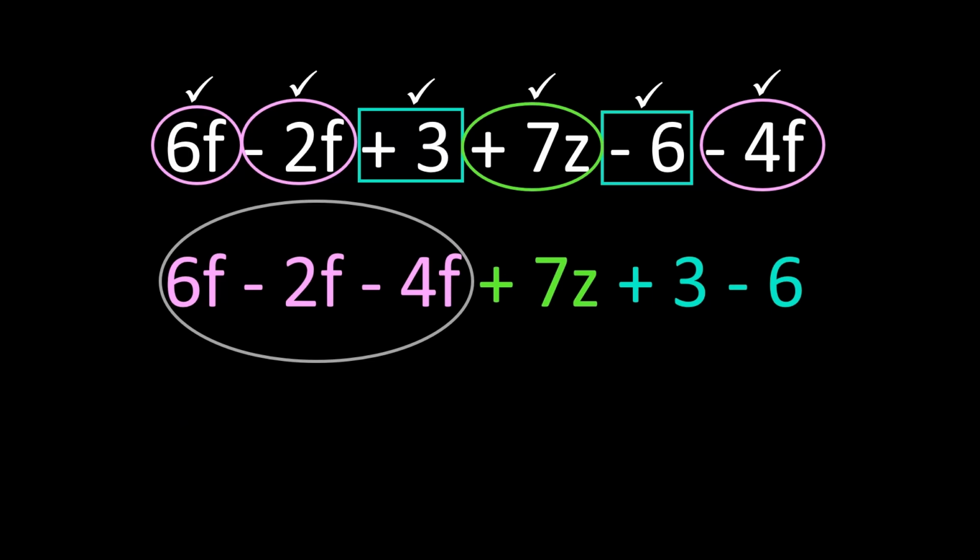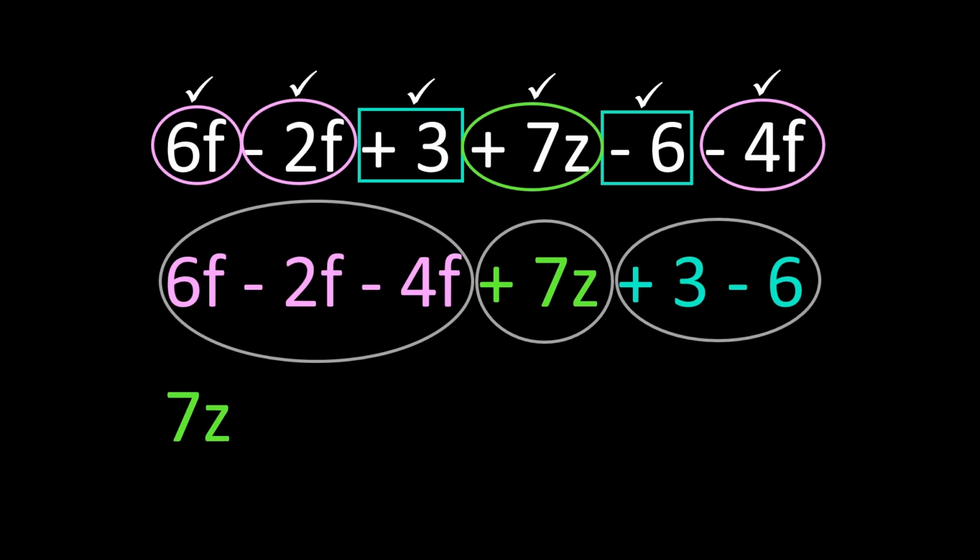I don't have anything with the variable f. So then I have the 7z. There's nothing to combine with it, so it's simply 7z. And then I have 3 minus 6, and 3 minus 6 is negative 3. So this expression simplifies to 7z minus 3.